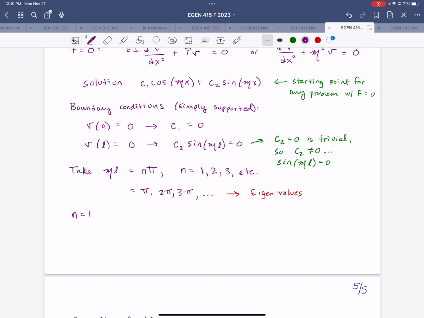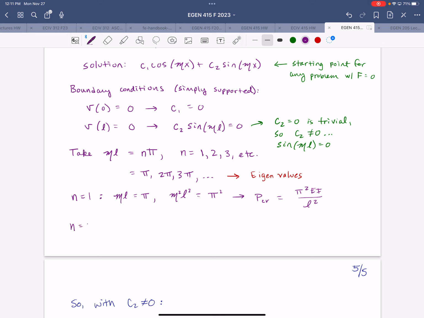And for n equal to 1, that means ml is equal to pi. M squared times L squared is pi squared. And the critical buckling load is then pi squared times EI over L squared.